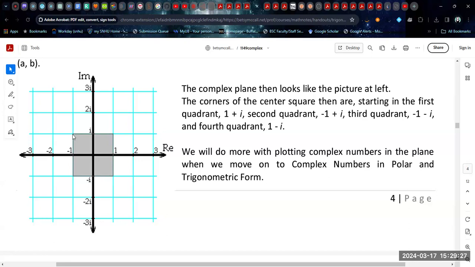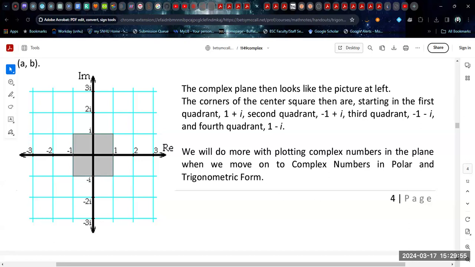So that would be -1 plus i. Down here, -1 in the real part, but also -1i in the imaginary component. So that would be -1 minus i. And then over here in the 4th quadrant, this would be positive real part 1, but negative imaginary part -1, or minus i. So that would be 1 minus i.